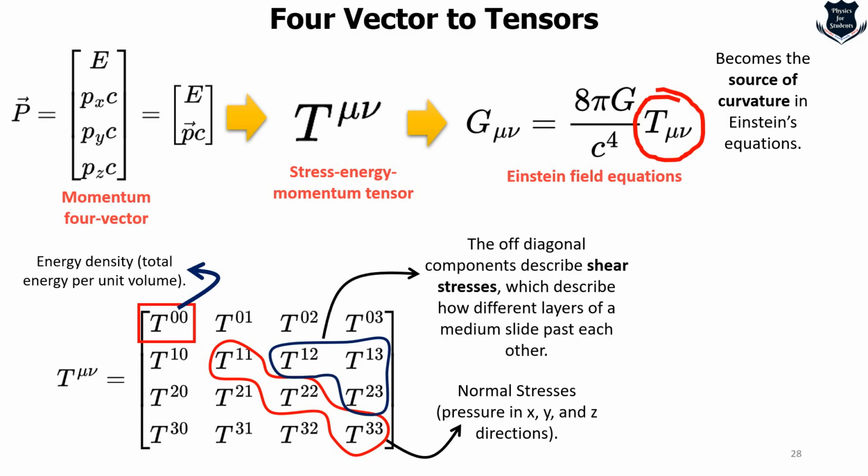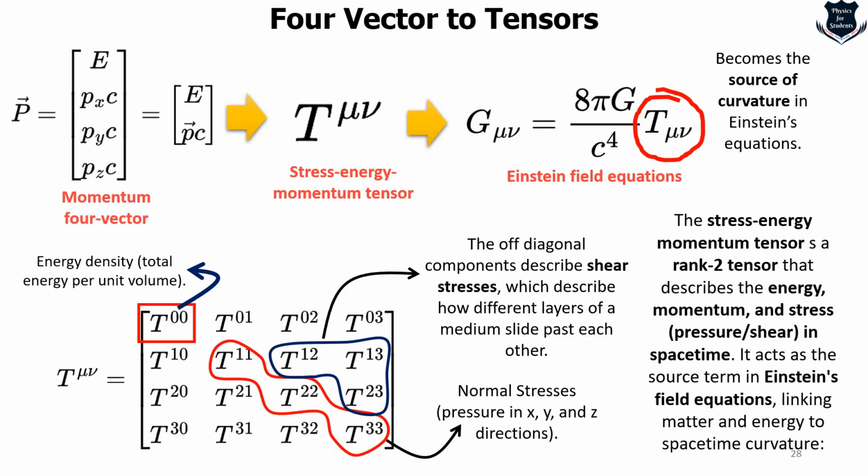The off-diagonal components describe shear stress, as different layers of a medium pass each other. So the four vector was rank 1, while this is a rank 2 tensor, and it describes energy, momentum, pressure and everything, and acts as a source in Einstein's field equation, which is responsible for the curvature.